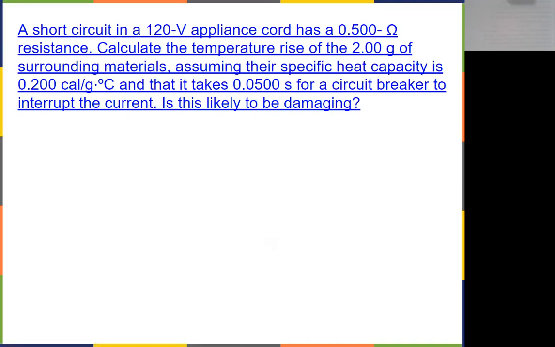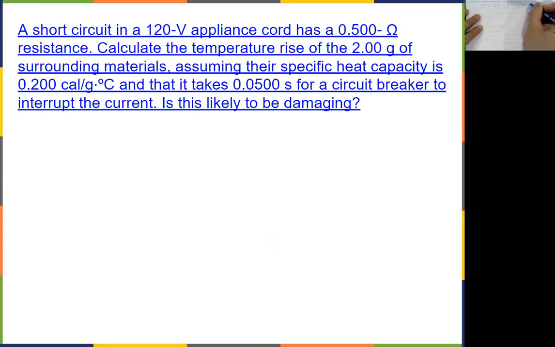This problem is kind of integrated concepts. You need to know the electric power here, P, which you can calculate using one of those three expressions.